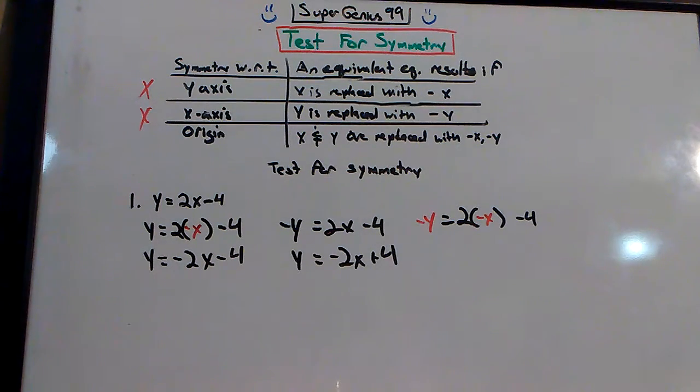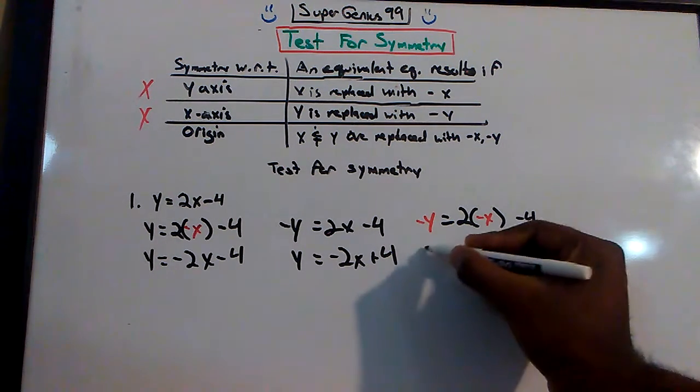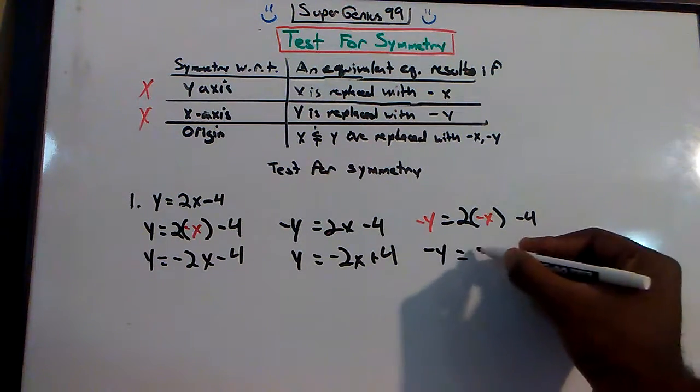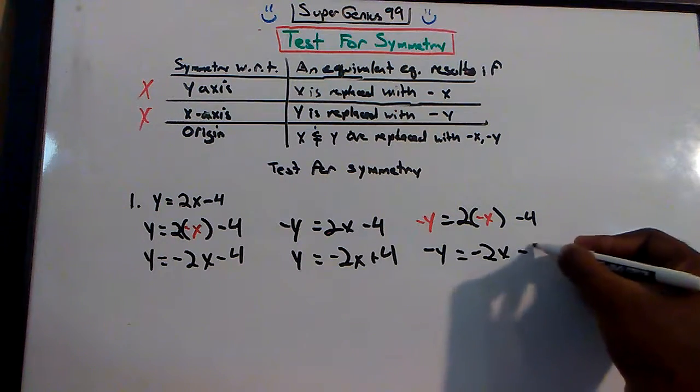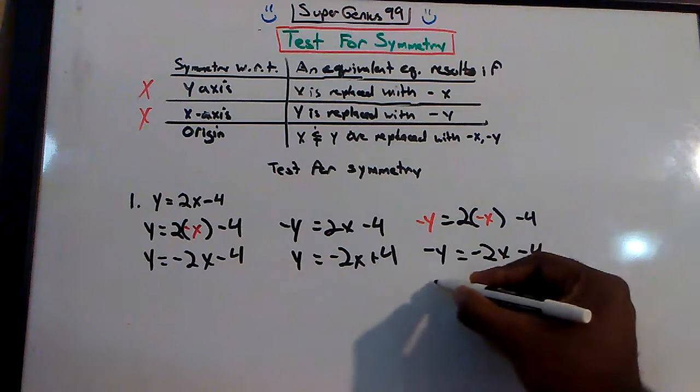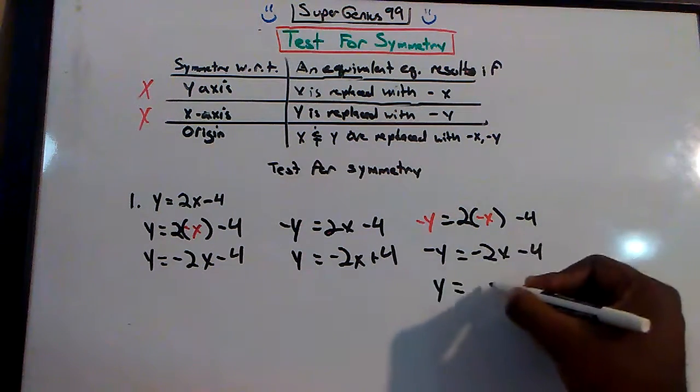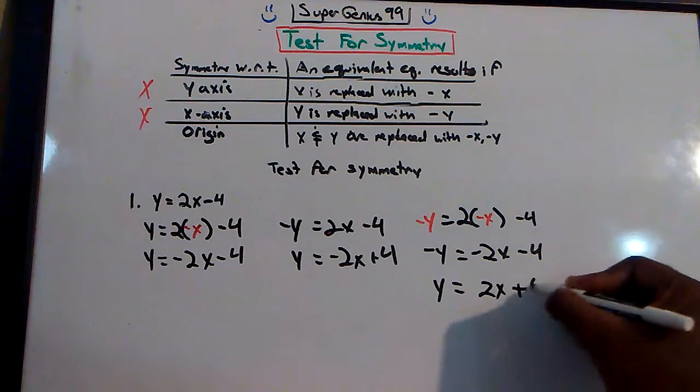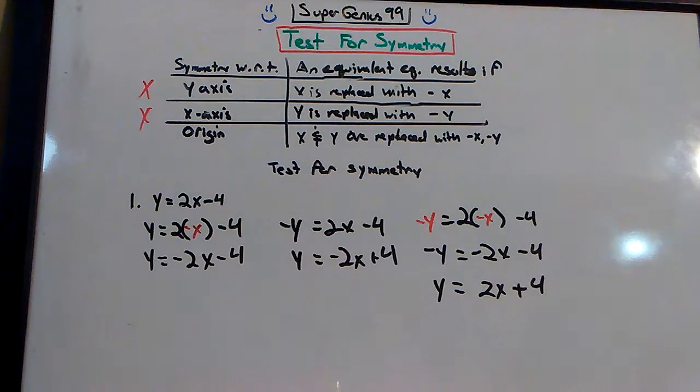Let's simplify that. 2 times negative x, so we have negative y is equal to negative 2x minus 4. Okay. Then multiply everything by negative 1, because we always like our equations to be y equal to 2x plus 4. Is that the same? No. So it's not symmetrical with respect to the origin either.